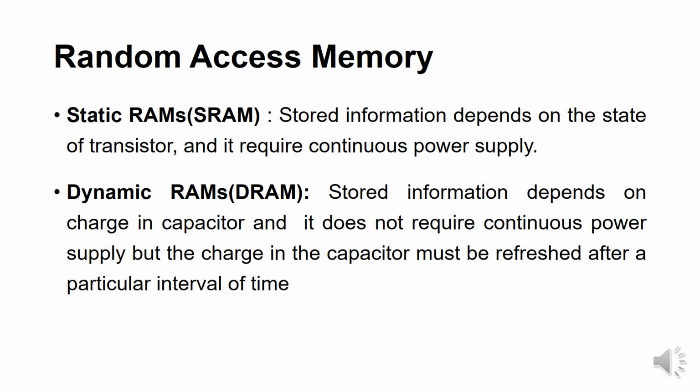Whereas dynamic RAM stored information depends on the charge in the capacitor and it does not require a continuous power supply, but the charge in the capacitor must be refreshed after a particular interval of time. In this presentation, we will see one transistor dynamic RAM.